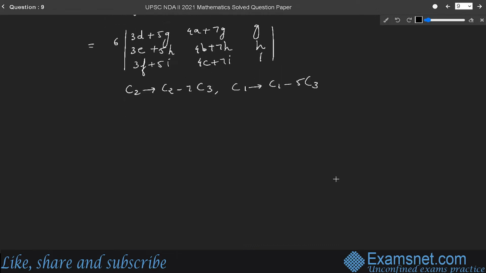On applying these expansions, we will get the value 6 into 3D, 4A, G, 3E, 4B, H and 3F, 4C and I.